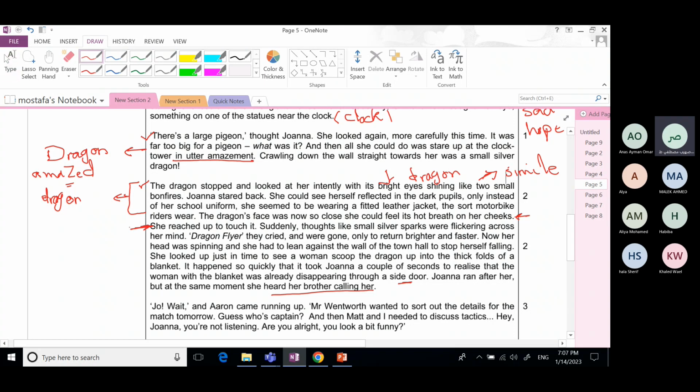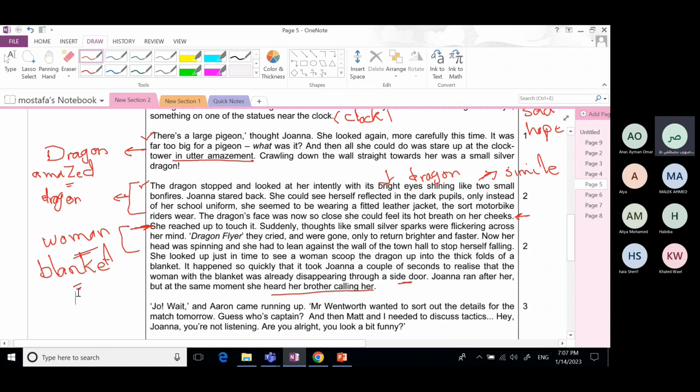Then later, he told us about the woman, the dragon flyer, and the action of the blanket that the woman used to scoop or capture the dragon.